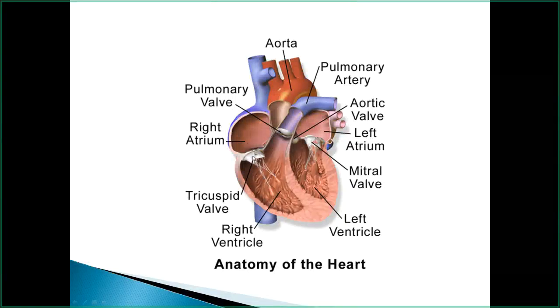This is the tricuspid valve on the right side. Over here, you have the mitral valve on the left. You have a pulmonary valve that goes out to the pulmonary artery to the lungs. And the aortic valve is kind of hidden back here, but this goes out to the aorta, okay?